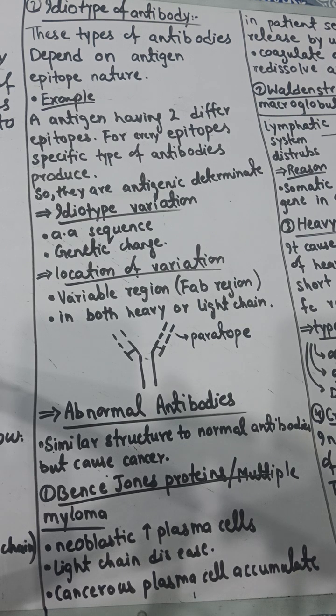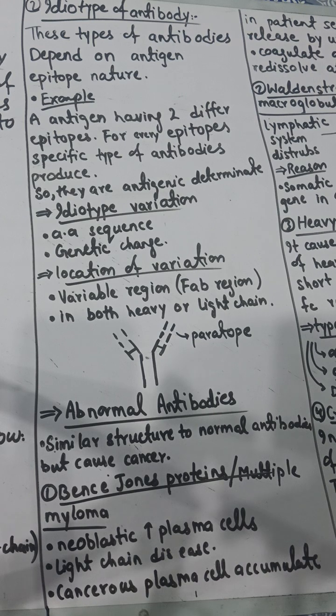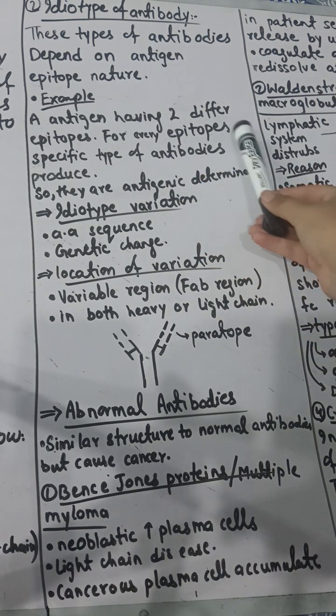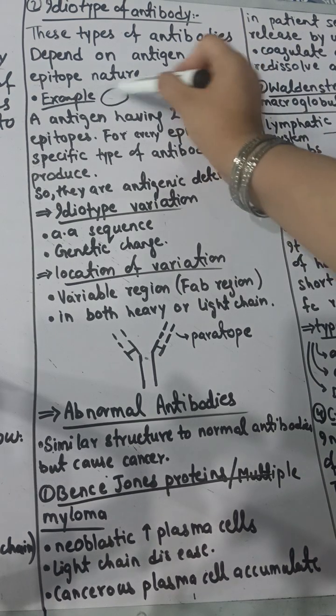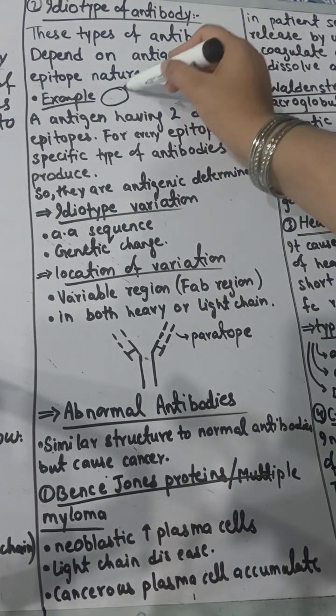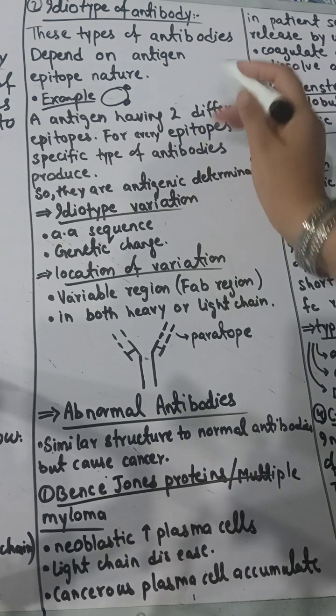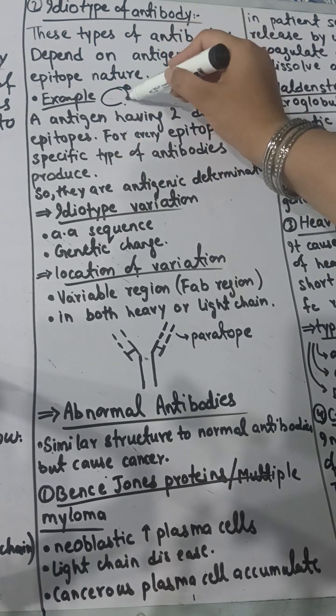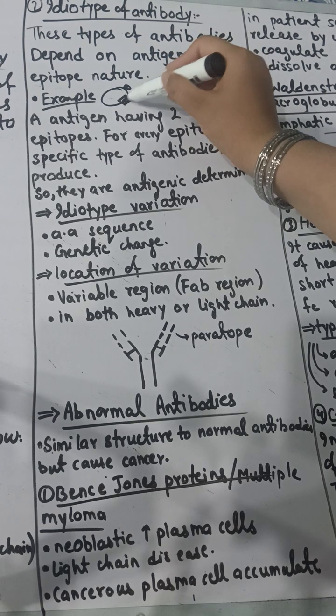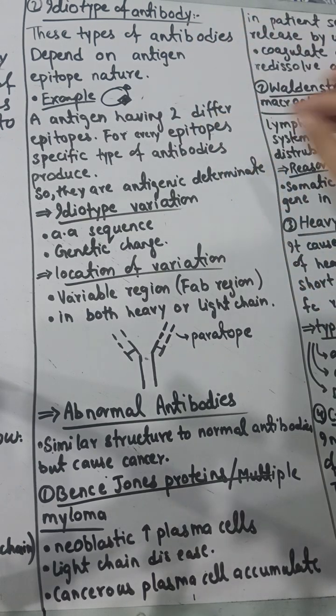So if there is a difference in the epitopes of an antigen, a specific kind of antibody will be produced for every epitope. For example, consider an antigen having two different epitopes. I am changing the shape so you can clearly visualize it: one is in circular form, the other in square form.